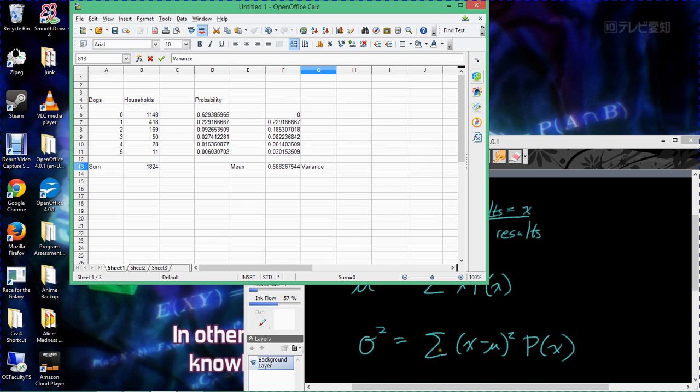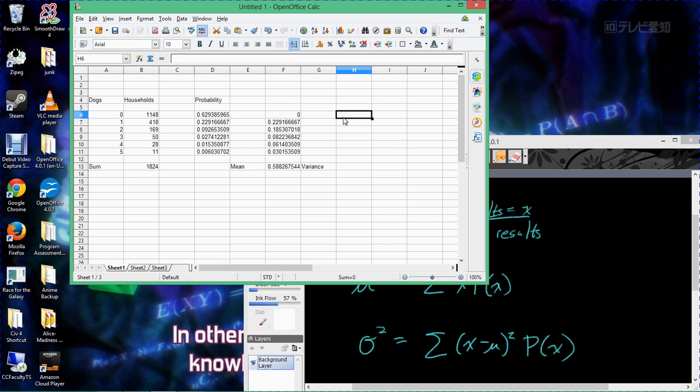Okay. And last but not least, I want to find the variance. The variance, I'm supposed to do sum of x minus the mean, squared, times the probability of x. Now, as I go through my sample points, this x is changing, this probability of x is changing, but this mean is not changing. So I'm going to have to do that dollar sign thing again to say, hey, I want to always take that as my mean number.